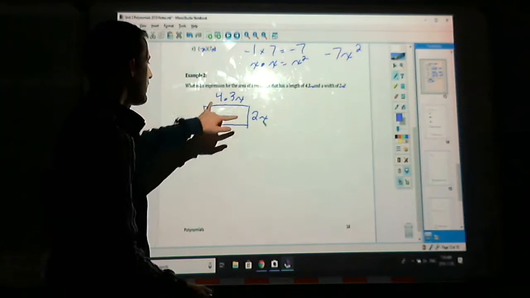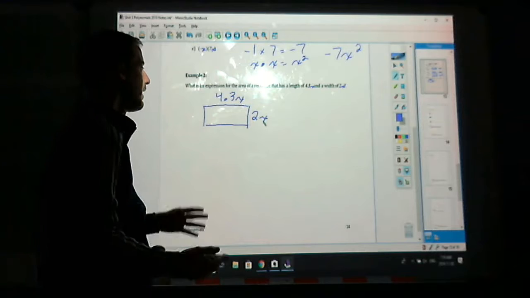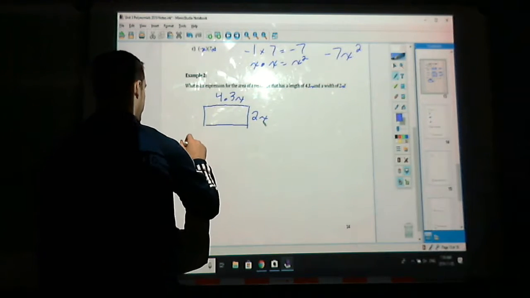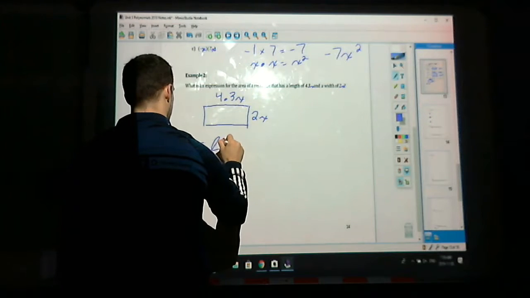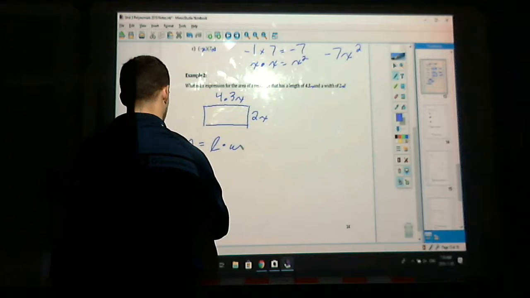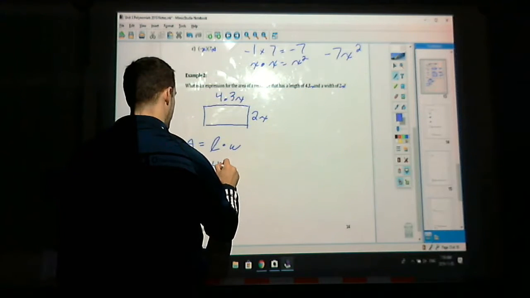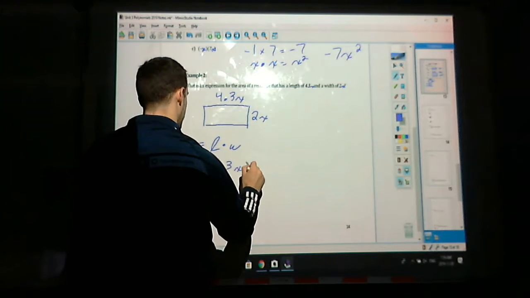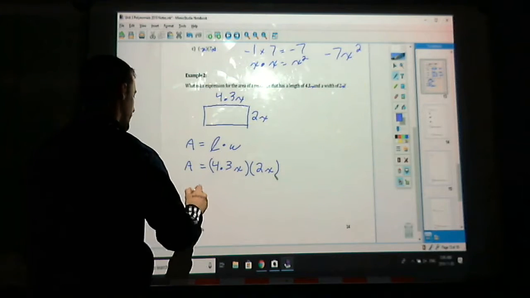Well, we know to find area, we need to multiply our two sides, base times height or length times width, whichever one you want. Basically, area is length times width. So here, if we know the length is 4.3x times 2x, then we can solve this.